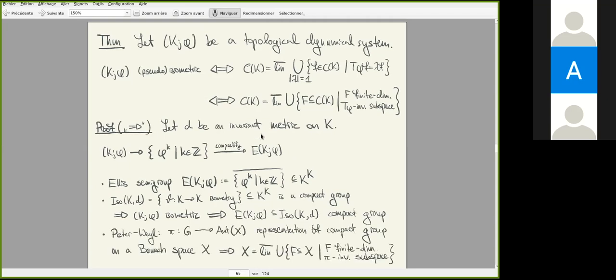And indeed, there's a version of Peter-Weyl for actions on Banach spaces, which goes as follows. Say you have a continuous representation of a compact group on some Banach space X, then you already know that this Banach space X is the linear closed hull of all the finite dimensional pi-invariant subspaces for this representation pi.